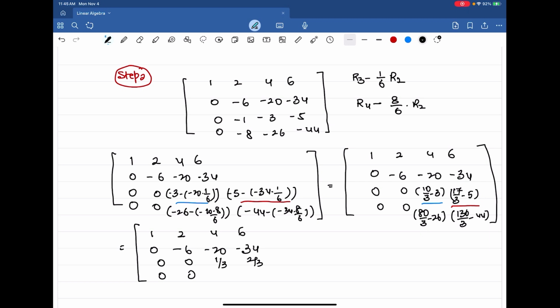This is 80 by 3 minus 26 into 3 is 78. That means 2 by 3. And 136 by 3 minus 144 is 132. 136 minus 132. This is 4 by 3. You see the result. Very good result here.